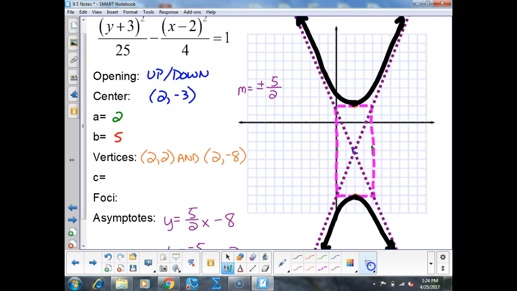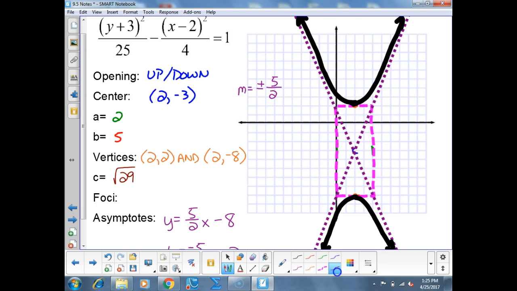And what's left? Foci. Okay? So a squared plus b squared is 29. So c is the square root of 29.